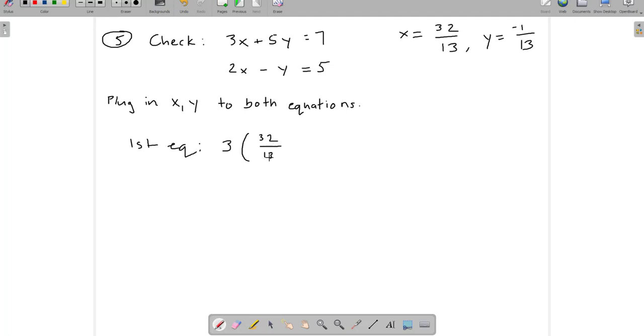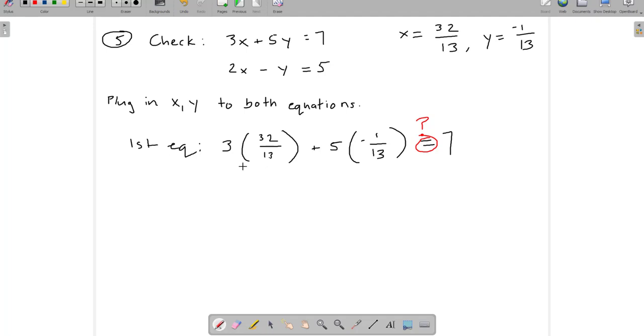At least they're both over 13, so we can already add them together. Plus 5 times y, which is negative 1 over 13. And we want to verify that this equals 7. So we're checking to make sure this equality is true. Okay?